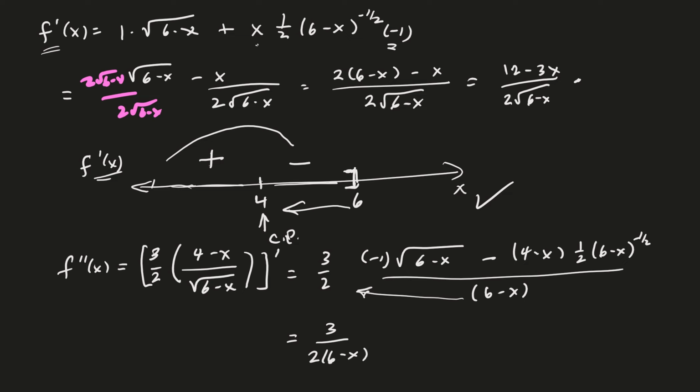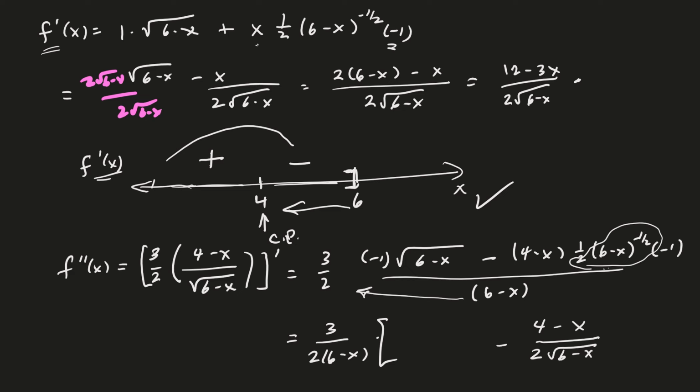Dealing with the inside, it looks like I've got 2 times the square root of 6 minus x in the denominator there. So maybe I'll work with that term first. That's going to be 4 minus x divided by 2 times the square root of 6 minus x, right? Oops, did I put my minus 1 in there? I did not.